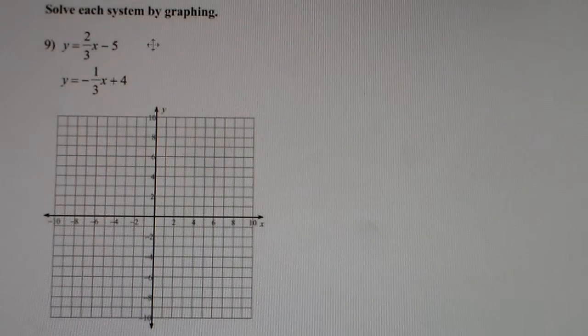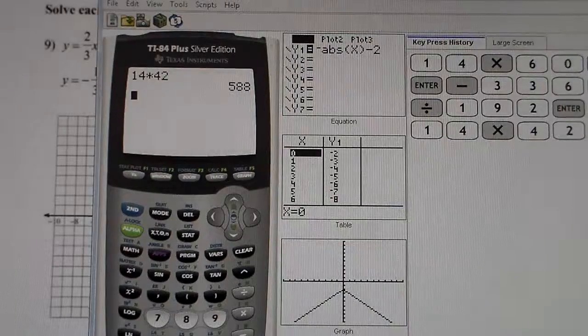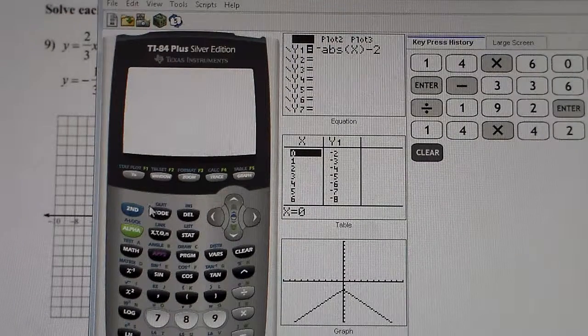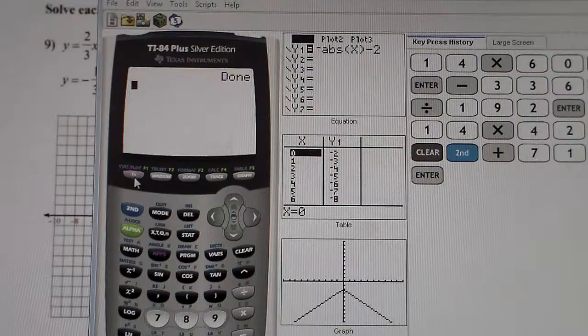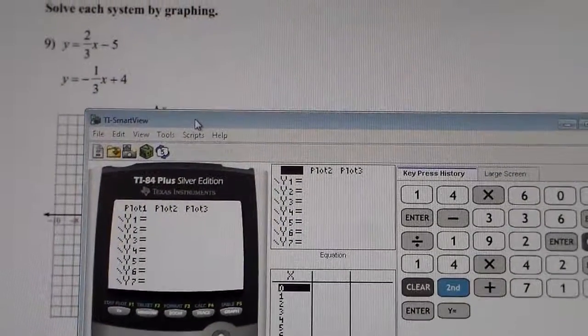Problem number 9. We're going to solve this system by graphing. In other words, we're just going to graph 2 lines on a graph using our graphing calculator and find out where they intersect. So we pull up the graphing calculator, we clear it, we do second plus sign 7, 1, 2 to clear the RAM, hit our y equals button, we're going to type in these 2 equations here.